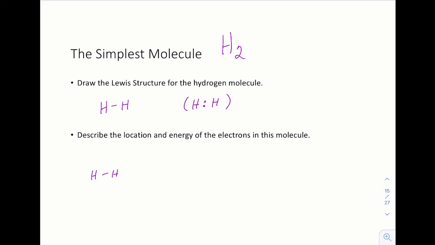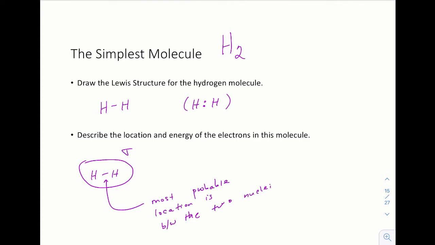The electrons are in a sigma orbital, most likely to be located between the two nuclei. That's where there's the greatest probability of the electron existing. And those two electrons are lower energy there than they were in the atom, right? That's why bonding occurs. The electrons are lower energy between the two atoms than they were on the individual atoms before they bonded.